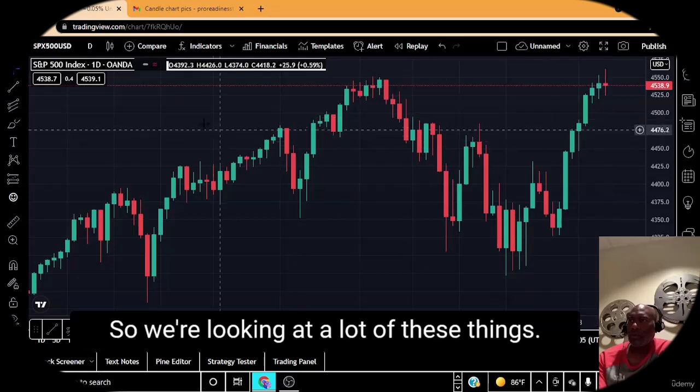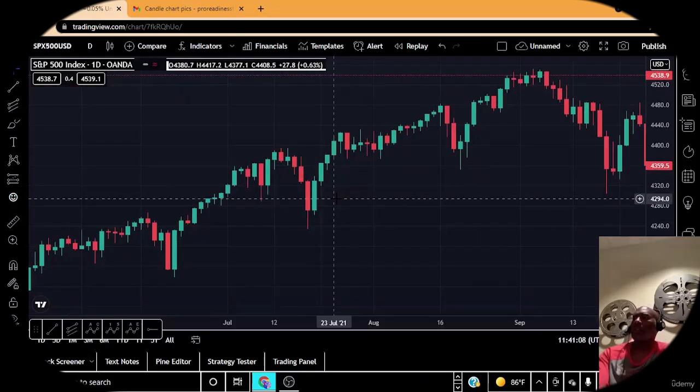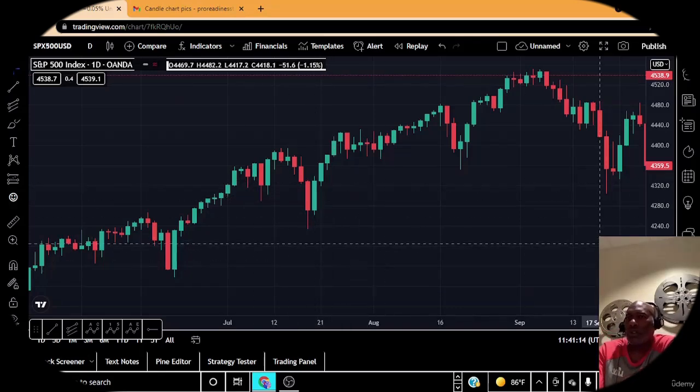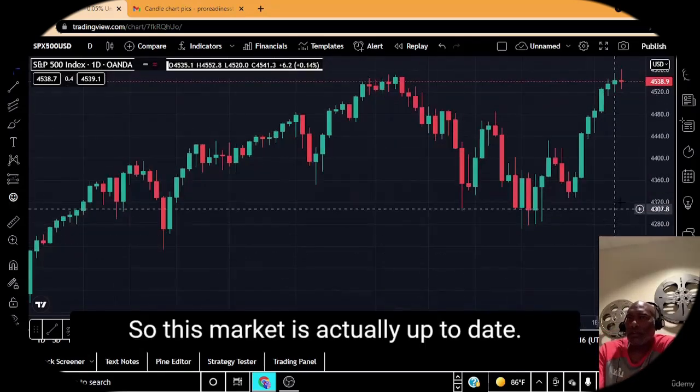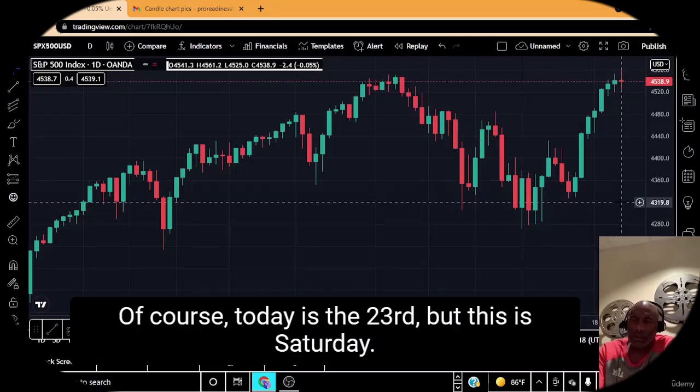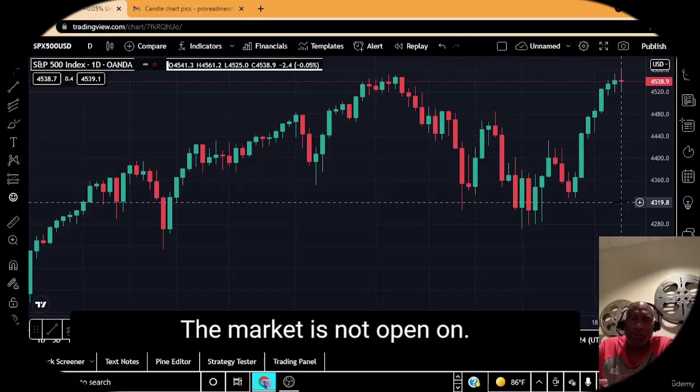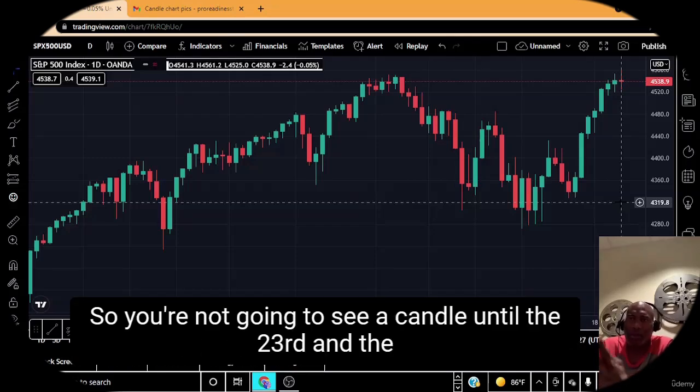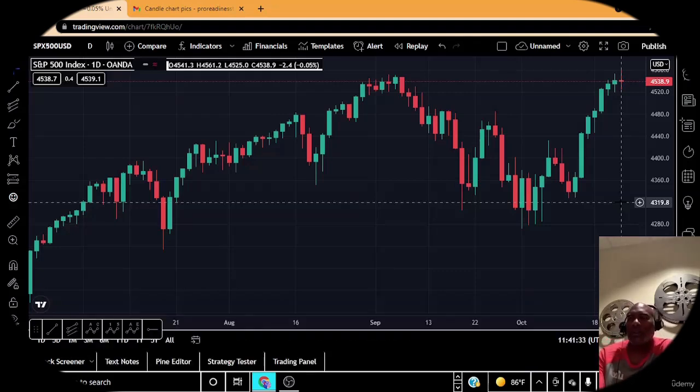So this market is actually up to date. Of course, today is the 23rd, but this is Saturday. The market is closed on Saturday, so you're not going to see a candle until the 23rd, and the holidays as well.